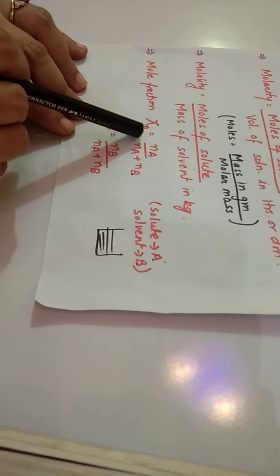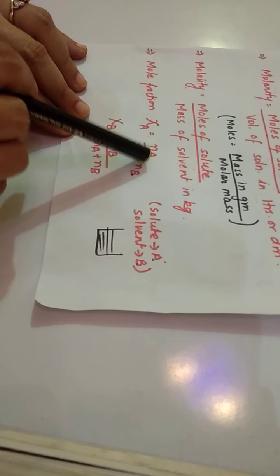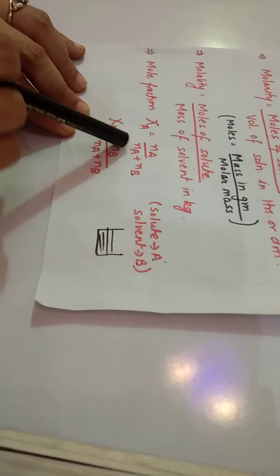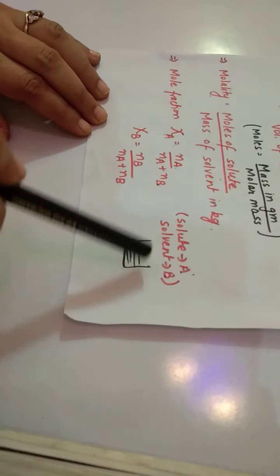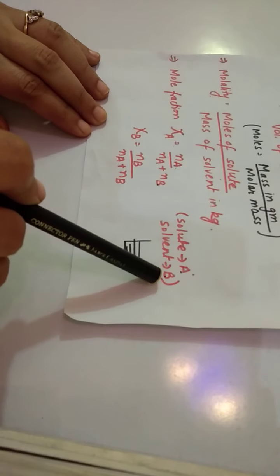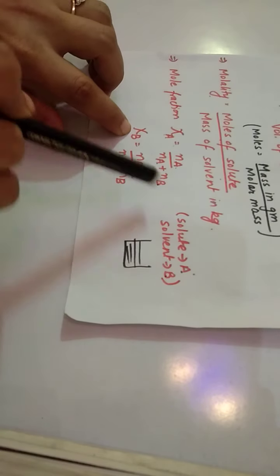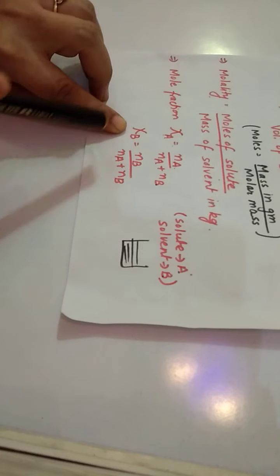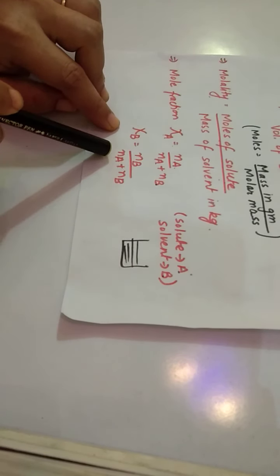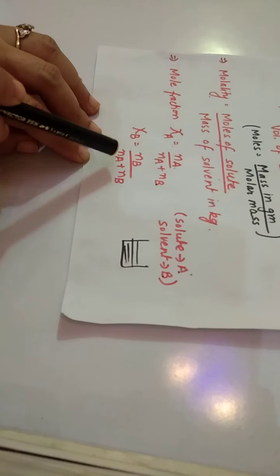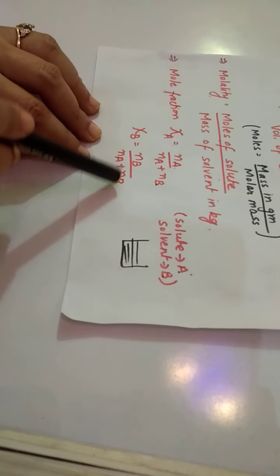So mole fraction of solute is equal to number of moles of solute upon number of moles of solute plus number of moles of solvent. Now if you need to find out the mole fraction of the solvent, then number of moles of the solvent will come in the numerator, and the formula will be number of moles of solvent divided by total number of moles of solution, that is number of moles of solute plus number of moles of solvent.